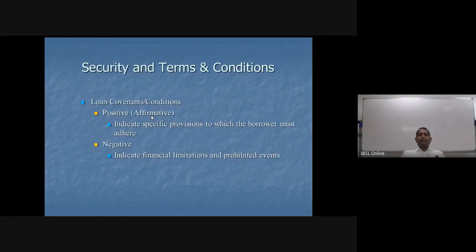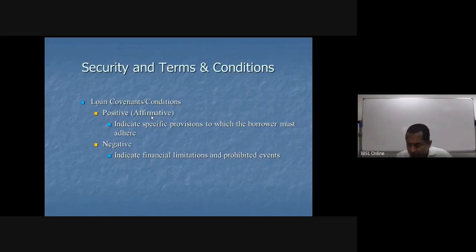Security and terms and conditions. Covenants, or terms and conditions, what are they? Those are the conditions we put forward to maintain the same level of risk which prevails today over the 5 years during the tenure of the loan.